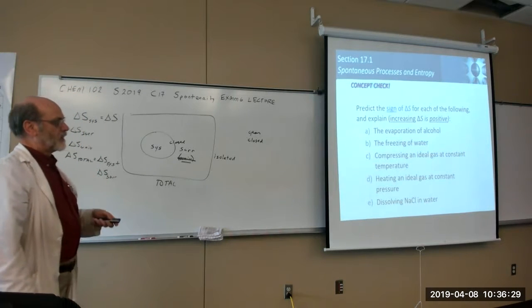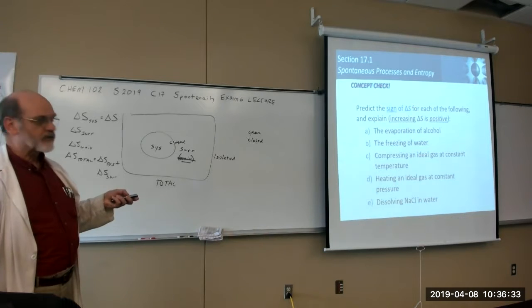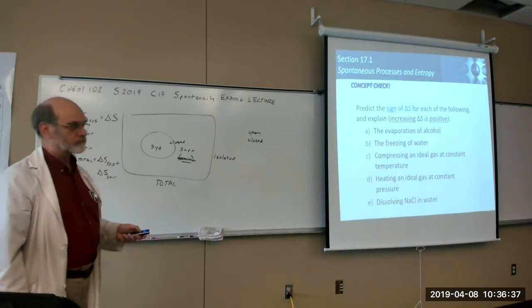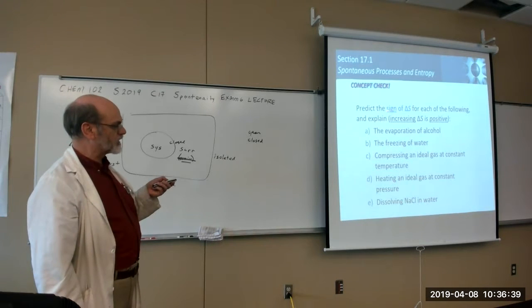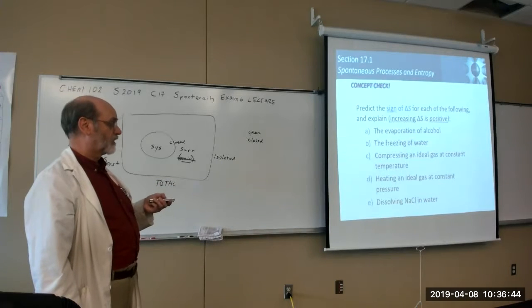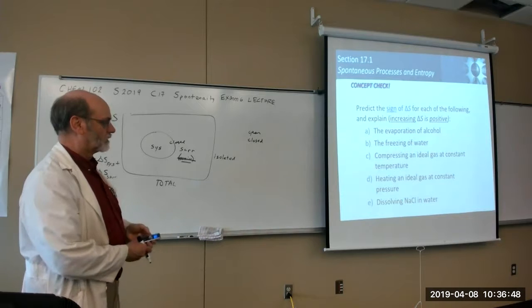Okay, so when we say delta S here, no subscripts, that's for the system. What's happening in the system. So predict the sign. Is delta S increasing, which means positive, or is it negative? The evaporation of alcohol. Increasing?